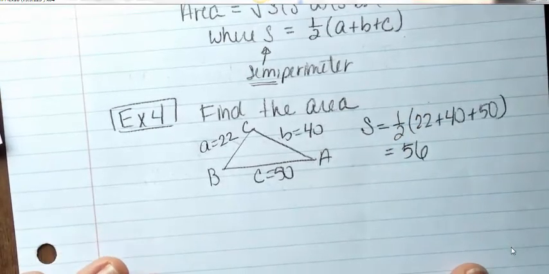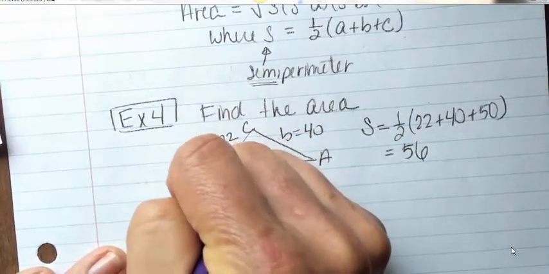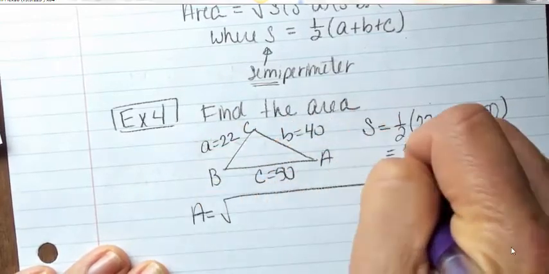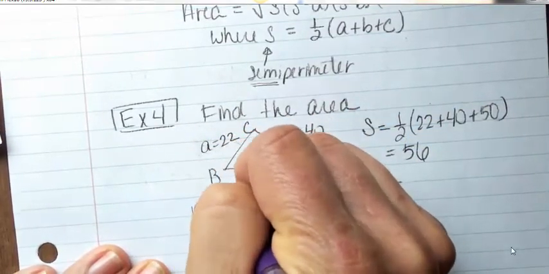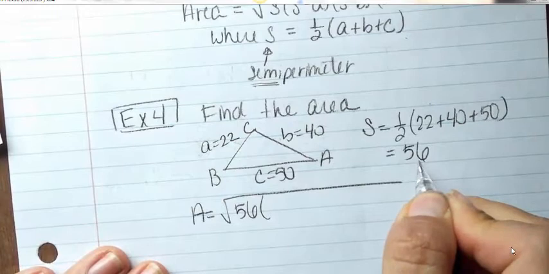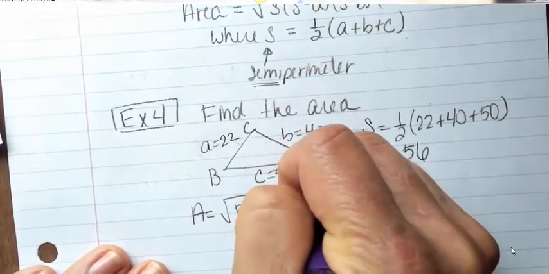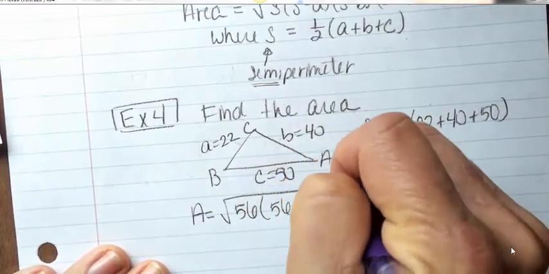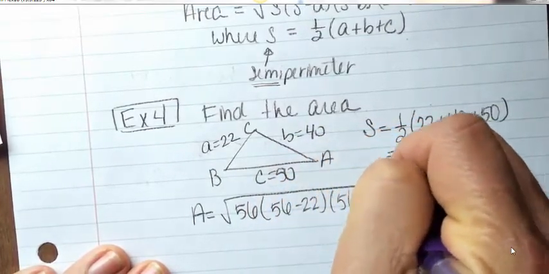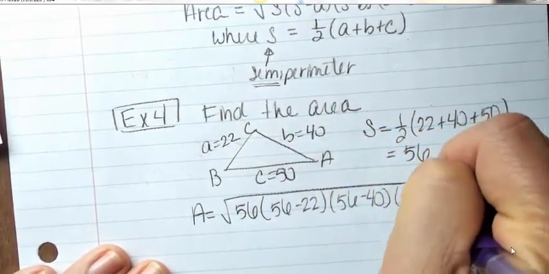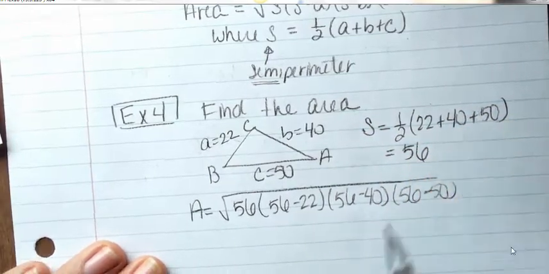Okay, so that's my semi-perimeter. Then for my area, I take the square root of my semi-perimeter times, and then I take my semi-perimeter and subtract each and every side from it. So 56 minus 22 times 56 minus 40 times 56 minus 50.